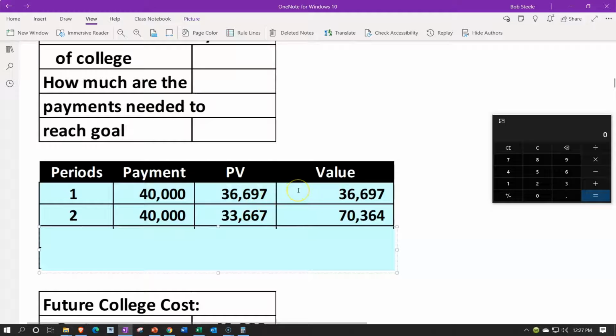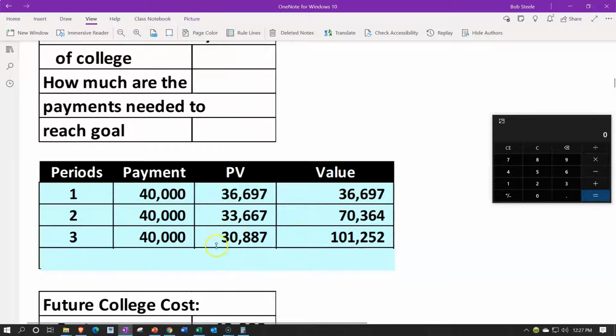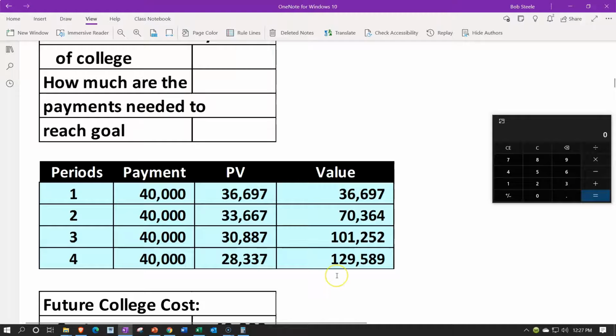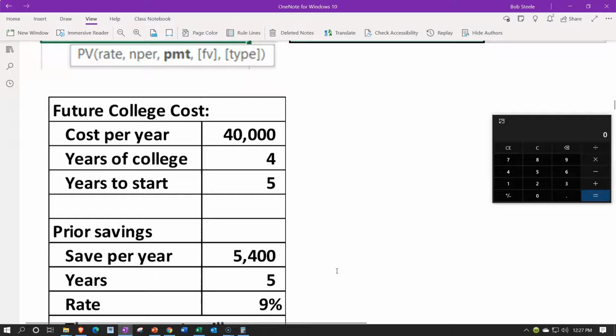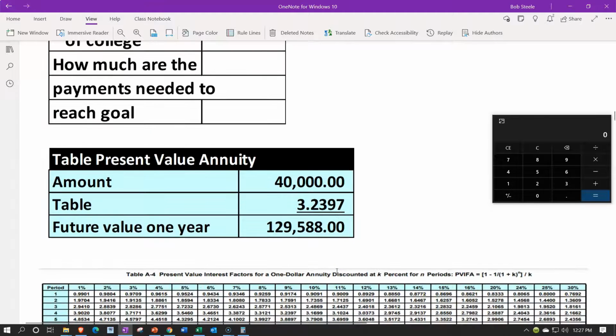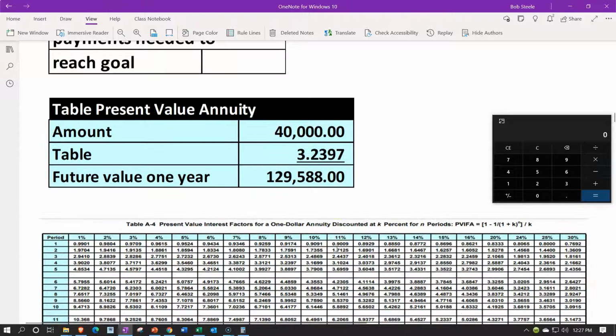Adding to the $36,697 gives us the $70,364. Year 3, once again, $40,000 present valued 3 years back, $30,887, and so on. That then also getting us to about, because it's rounded, pennies have been taken away, $129,589. Another way we can calculate that first component, and finally we can do it then, of course, with the tables, which is always an exciting and fulfilling way to do that.